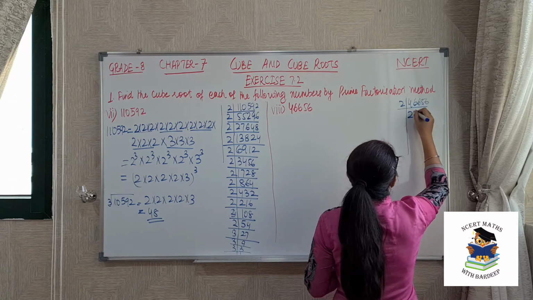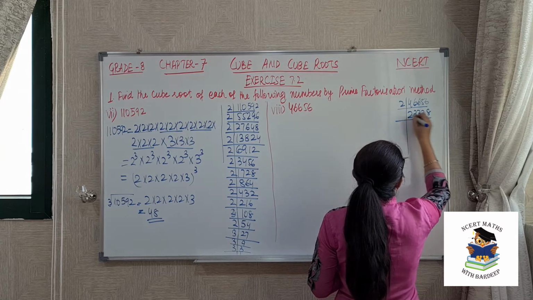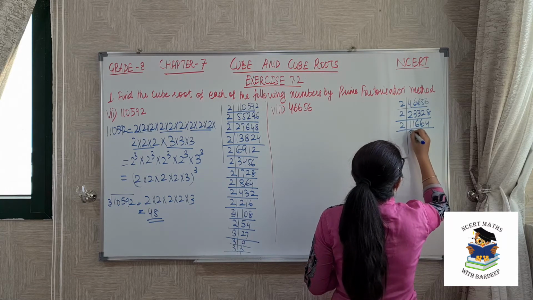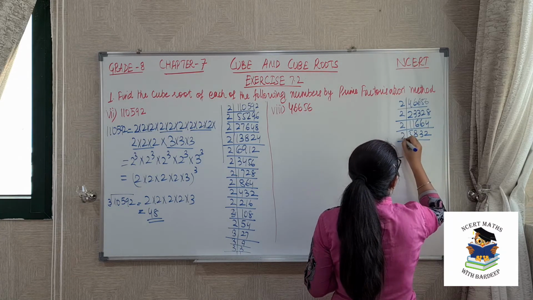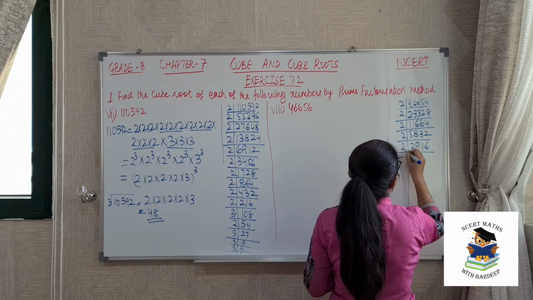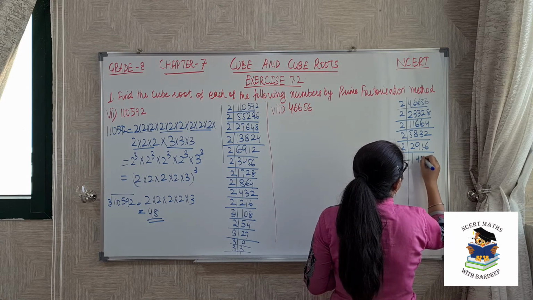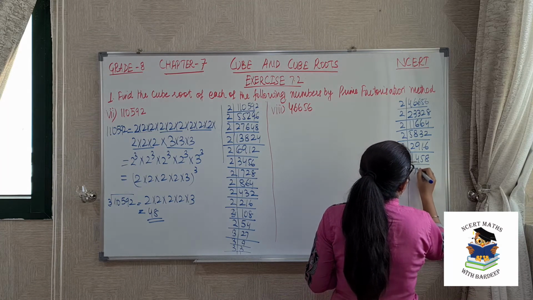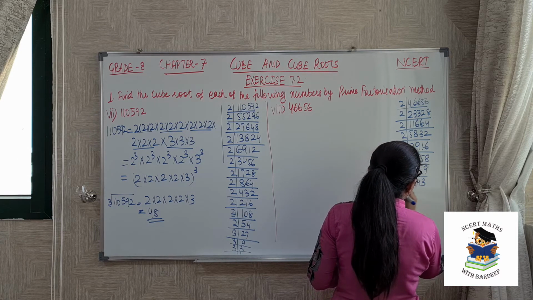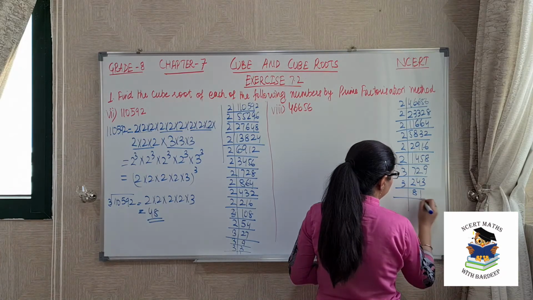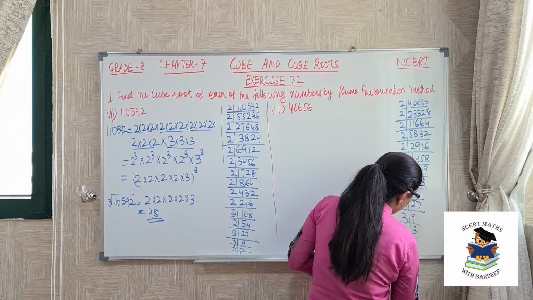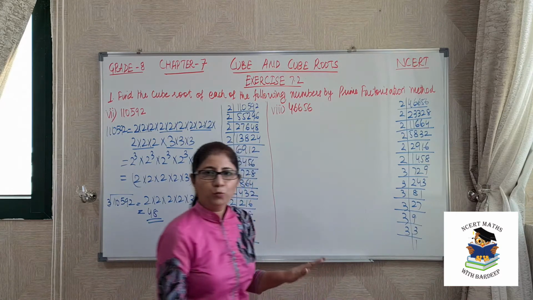So start with 2. This is 23328. Next is 11664, 5832. So 2916, 1458, 729, 243, 81, 27, 9, 3 and 1.